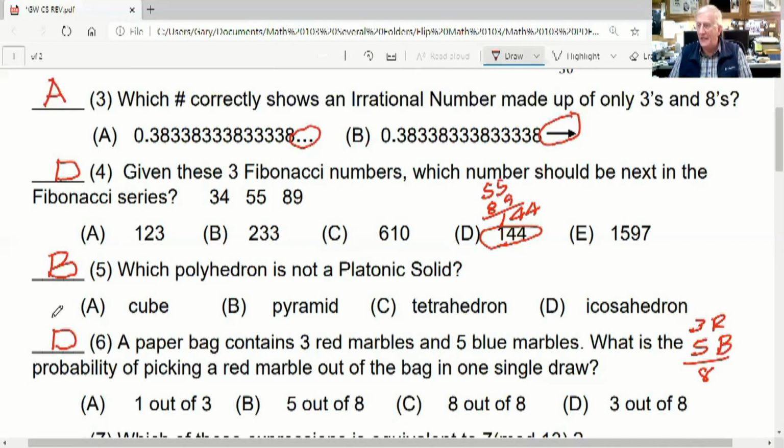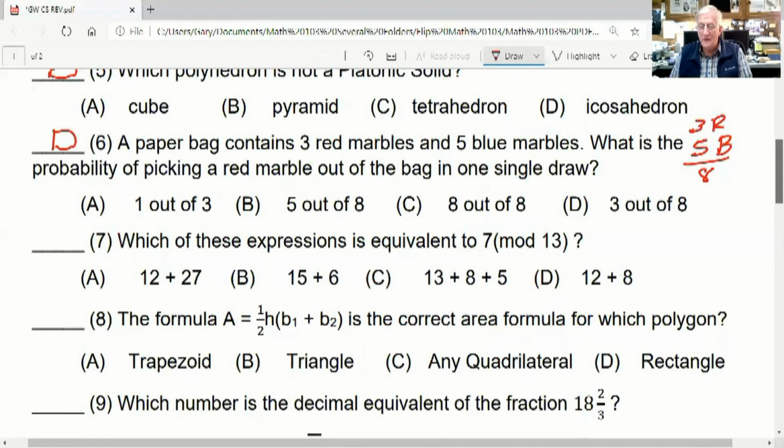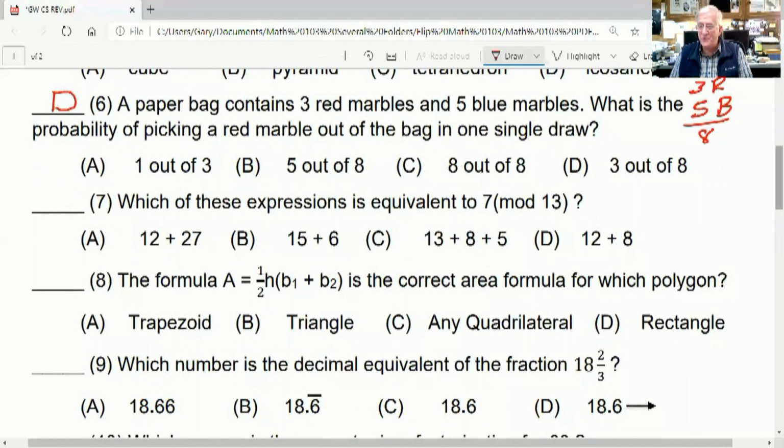All right, let's go on. Which of these expressions is equivalent to 7 mod 13? Well, let's see. What I'm going to have to do for each of these expressions is add the numbers together and then divide them by the mod number 13.